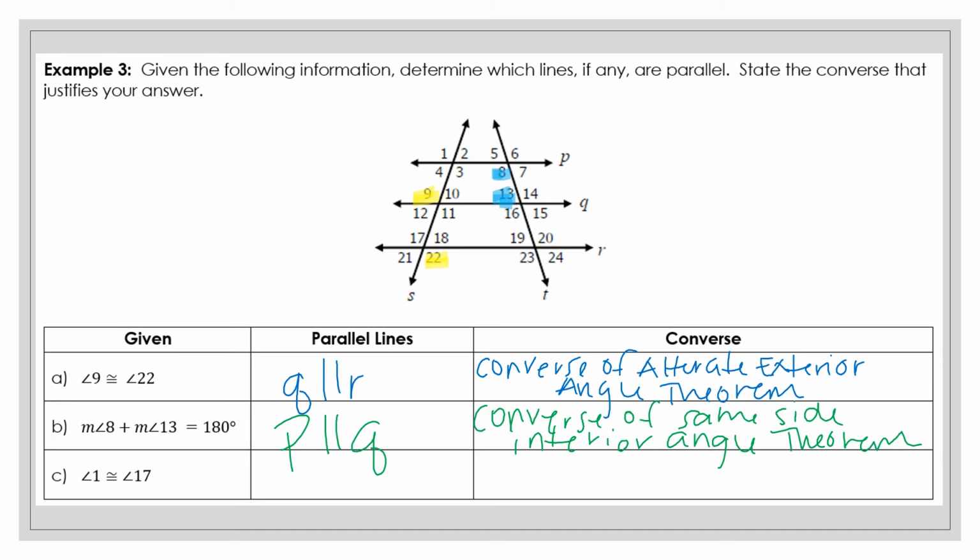All right, and then our final pair of angles that we're looking at would be 1 and 17. So 1 is here, which touches P. 17 touches R. Because they are congruent and they are corresponding angles, we are going to be able to conclude that P is parallel to R by the converse of the corresponding angles postulate.